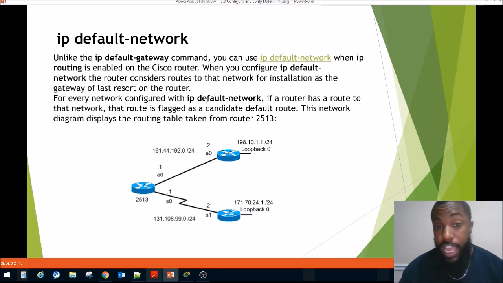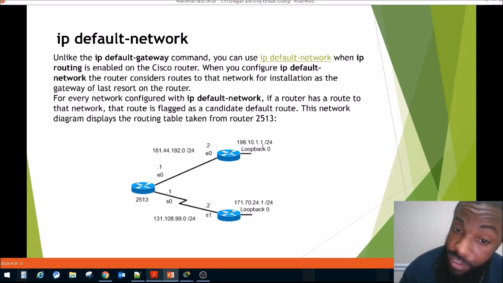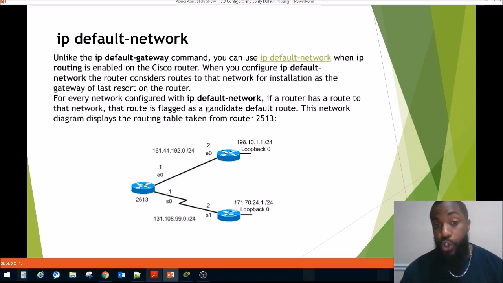Well, when you type in IP default network, you could just explicitly say this network is how we get to the internet. And you would do that by typing IP default network and then that network. I believe you would have to do the interface to that network or that network.